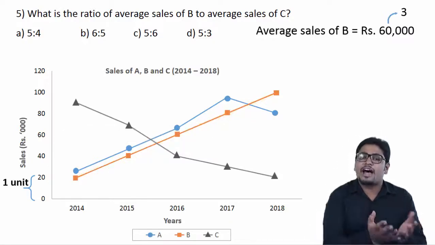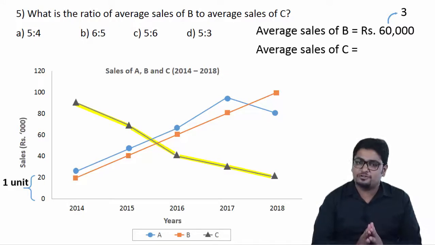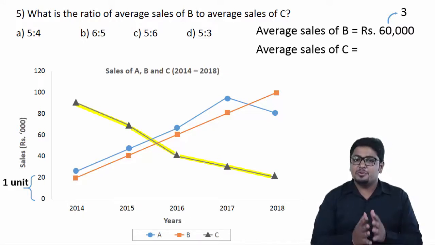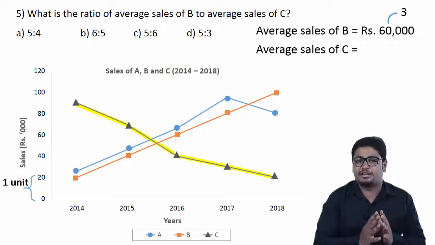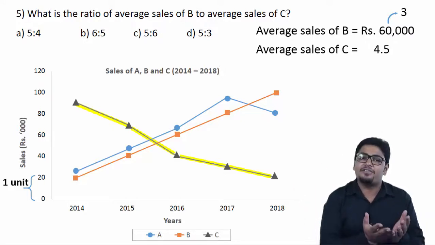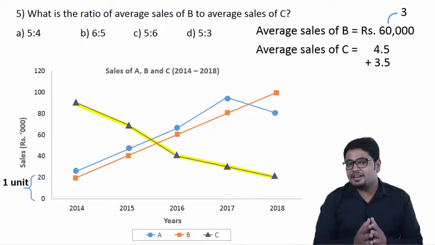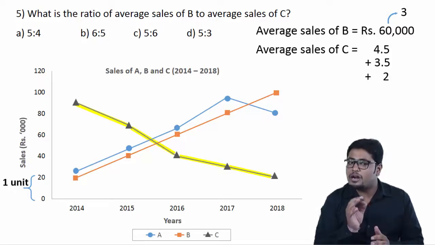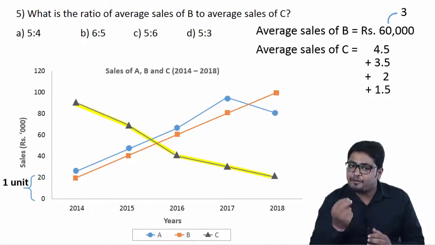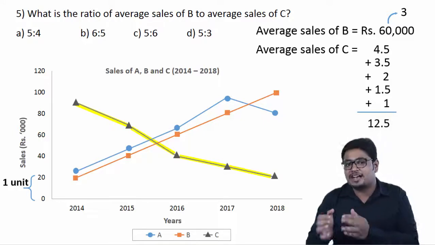Now we look for the average of C. Instead of actual values, we calculate it in terms of units. We start from 2014, that is 4.5. Then we have 3.5 in 2015, then 2 in 2016, plus 1.5, and finally 1, which gives us 12.5 as the answer.